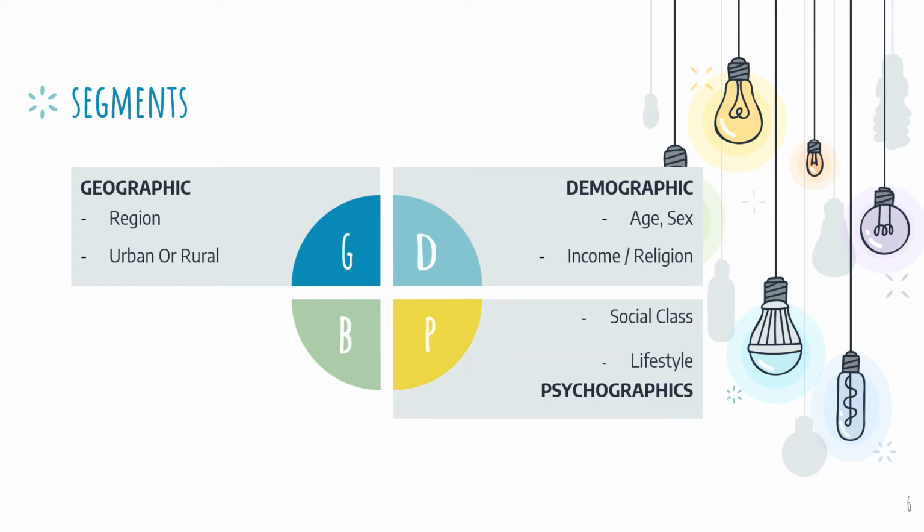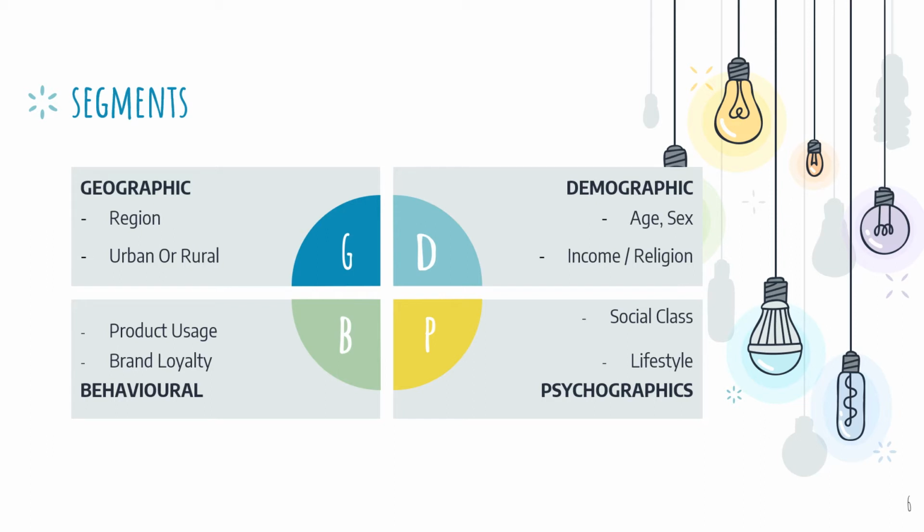This will take into account your social class, your lifestyle type, and your personality in general. Lastly, we look at behavioral segmentation. Behavioral segmentation takes into account your product usage, that is, whether it's light, medium, or heavy user, or any brand loyalty, whether you have any brand loyalty at all, is it medium, is it high, or it's low.